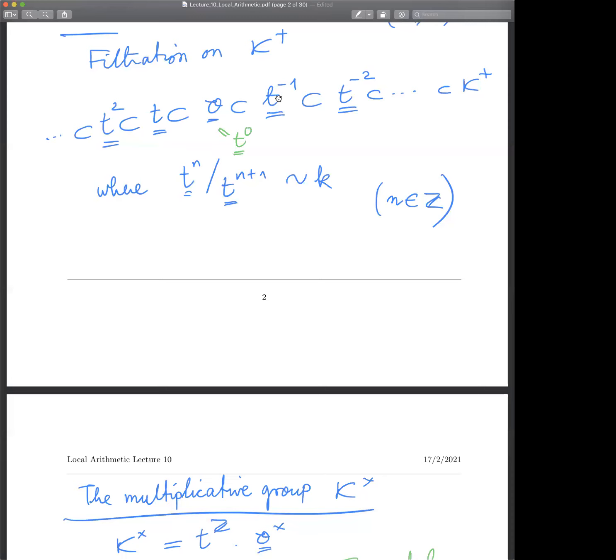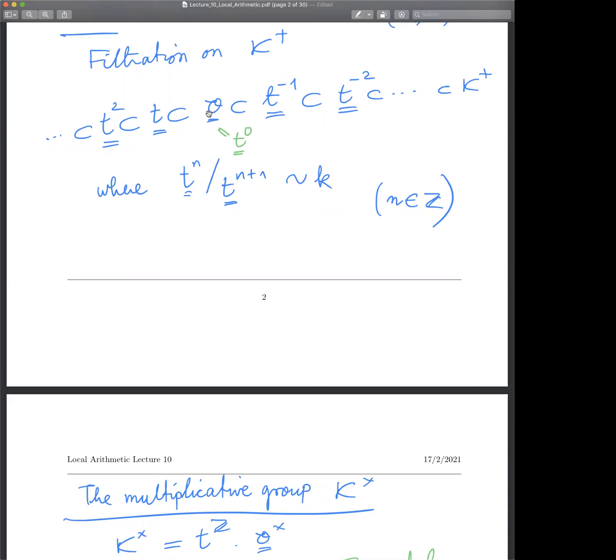T. By T inverse, the ideal T inverse, it's not an ideal of the ring O, it is what is sometimes called a fractional ideal of the field K. A fractional ideal of the field with respect to the ring O, of course.